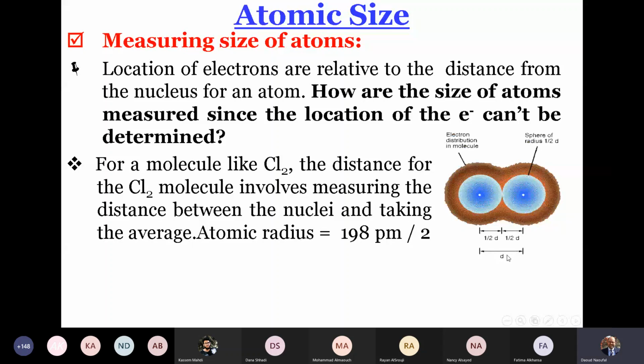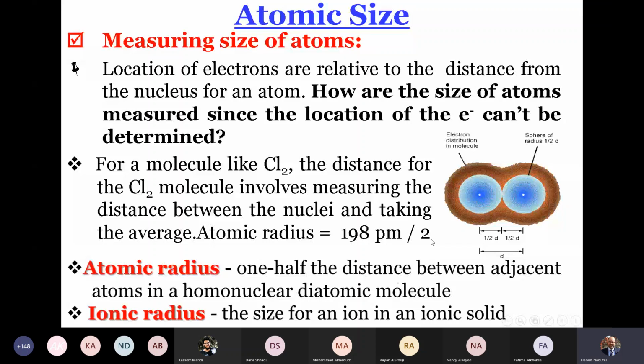So the distance in this case is equal to 2R, and R equals d over 2. This is the atomic size of the molecule X2. So the atomic radius is 1/2 the distance between two adjacent atoms in a homonuclear diatomic molecule.